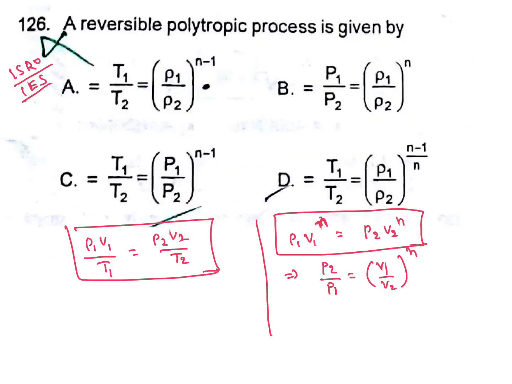So from the options we have to check. A is our answer: T1 by T2 equal to rho 1 by rho 2 whole to the power n minus 1.